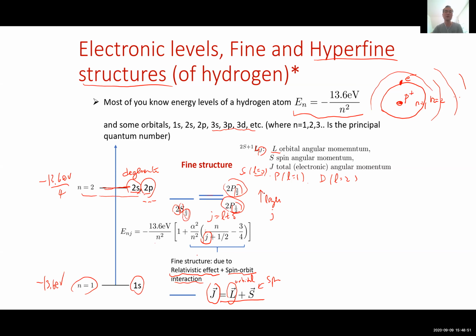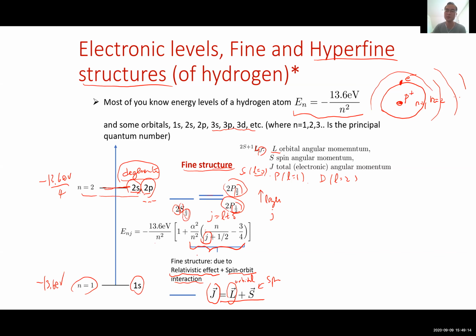So this is the so-called fine structure, and this is the correction. You see the expression. The details are really not important, just know that the levels, initially degenerate, are further split into some structure. This is called fine structure.